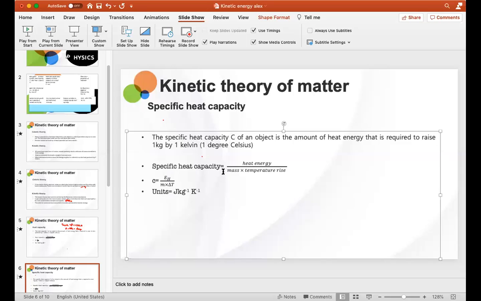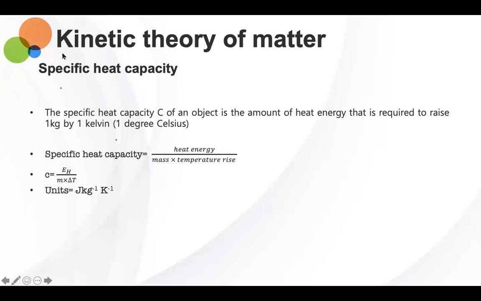So what is the difference here between specific heat capacity and heat capacity? What difference are we seeing?